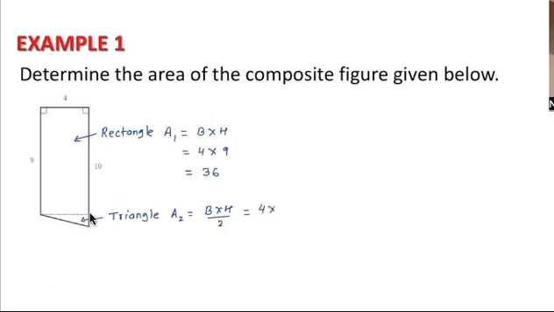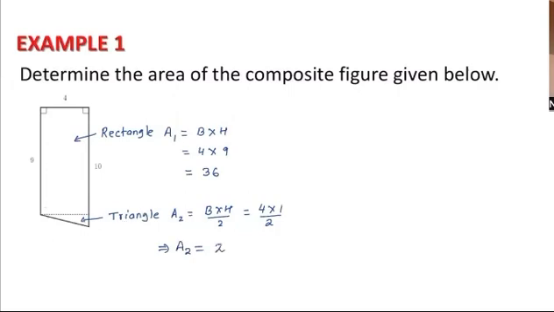The total distance from top to bottom is 10, but this much height here is 9. That means the remaining height is 1. So 4 times 1 divided by 2 is 4 over 2, or 2. So A2, the area of the triangle, is equal to 2.